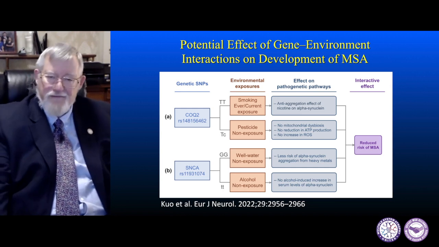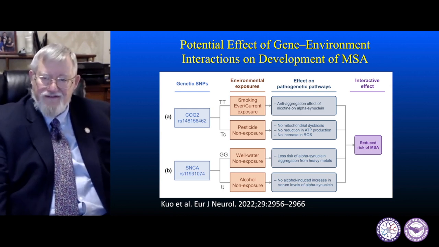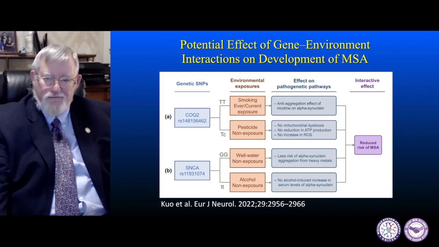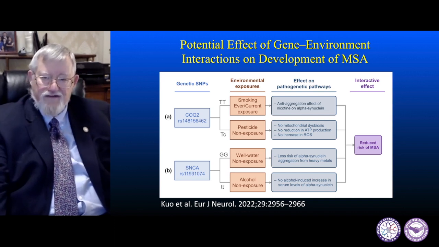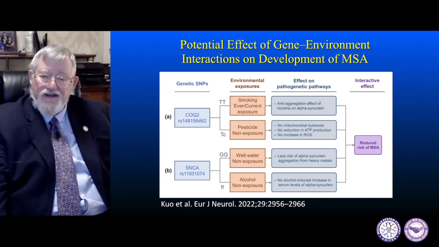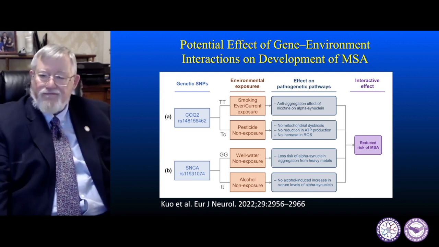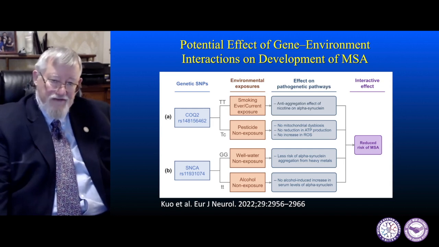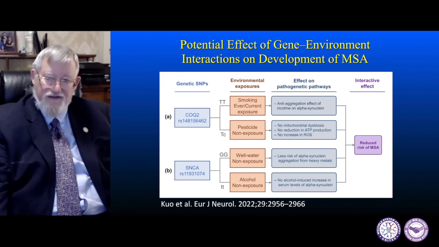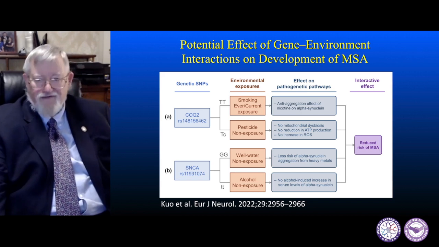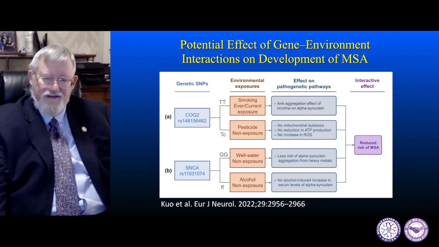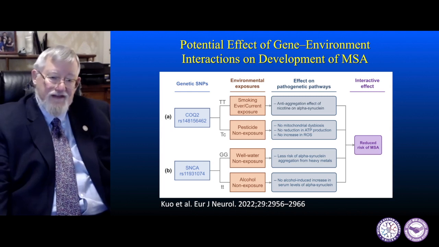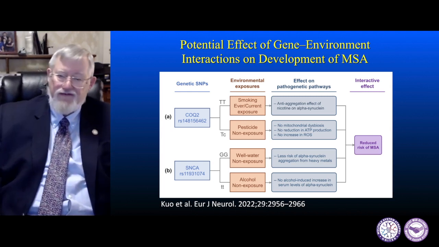If you are exposed to the pesticide, then instead of all of these no's, you can end up with mitochondrial dysfunction and reduction in ATP production, an increase in reactive oxygen species, and these can result in more aggregation. So this gene, combined with the appropriate pesticide exposure, actually increases the risk of multiple system atrophy. So if you wanted to reduce it and you had this gene, you'd have to avoid the pesticide exposure, hence the non.